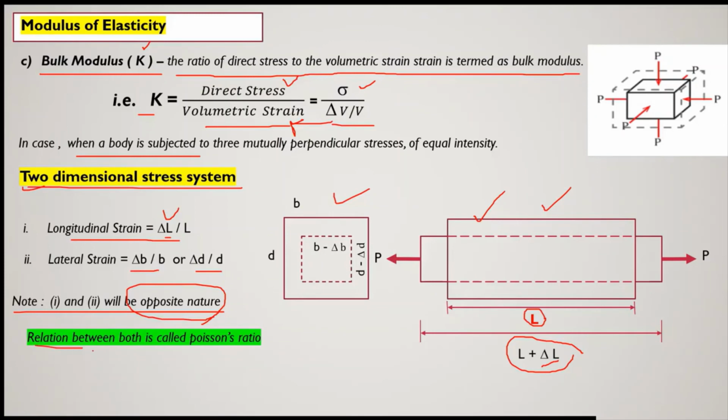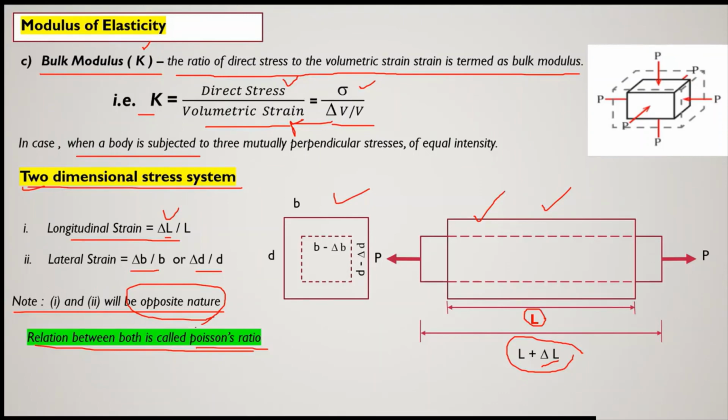And the relation between both, that means the relation between longitudinal strain and lateral strain, will be termed as Poisson ratio. Till now we have gone through different types of stresses, then we switched over to strain, different types of strain and modulus of elasticity.